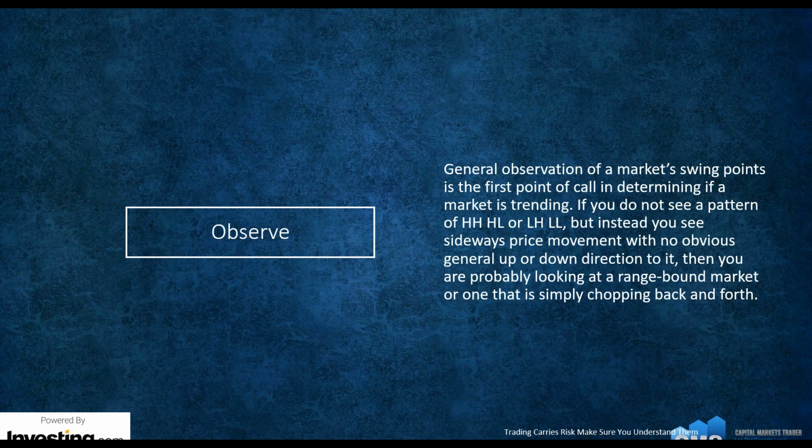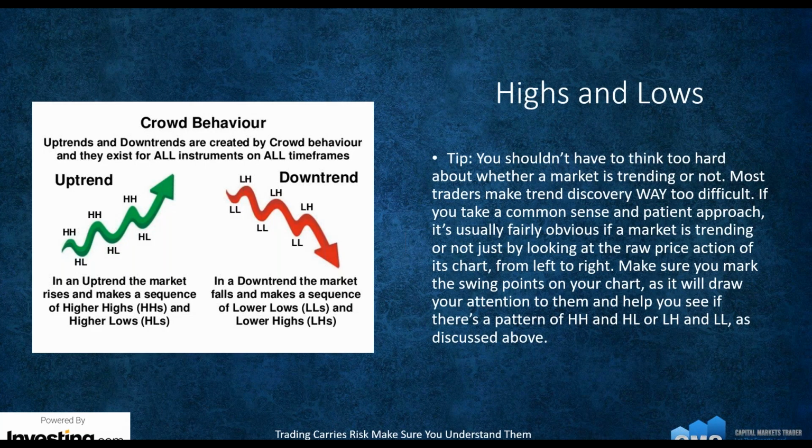So once we finished our observation, we want to understand if the trend is doing what it should be doing, because we found an asset that's moving up, or we found an asset that's moving down. You shouldn't have to think too hard about whether a market is trending or not. Okay? Most traders make trend discovery way too difficult.